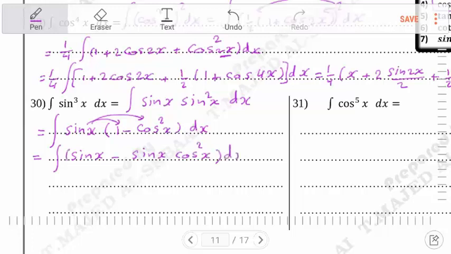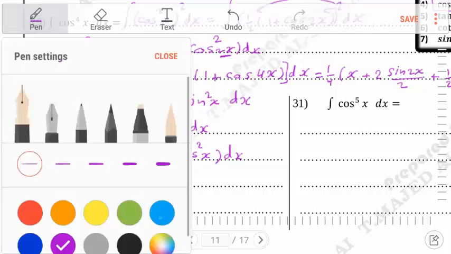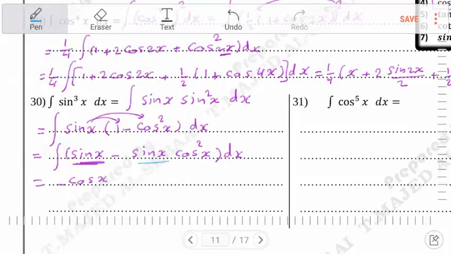Okay. Now, see, do we have an integration for this? Yes, we do. It is minus cosine x, right? And as you can see here, this part is f dash, and this is f to the power of 2.